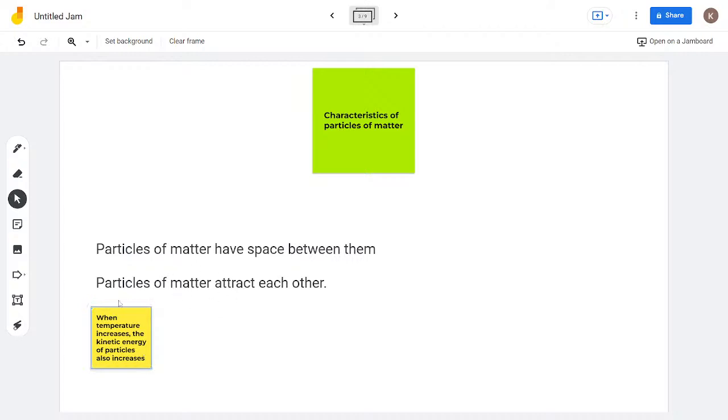So it is done that particles of matter have space in between them.